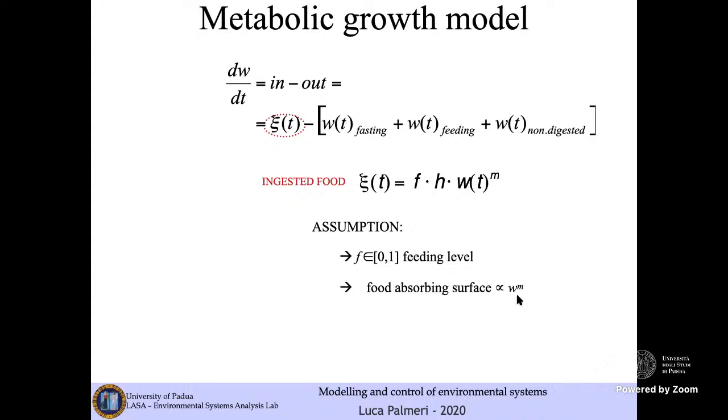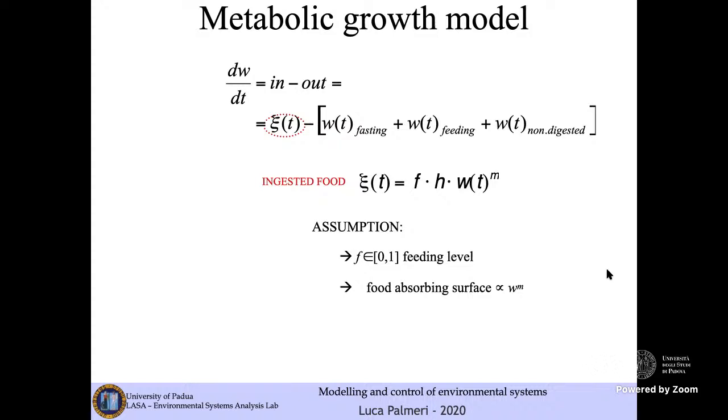The proportion is not linear. Instead, the proportion is toward an exponential function of the weight of the organism. We can write this assumption because we know that the food absorbing surface, that is the surface of the stomach and then subsequently the intestine, is somehow proportional to the dimension of the organism.